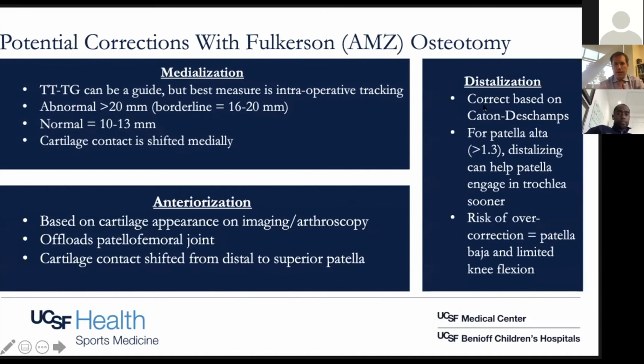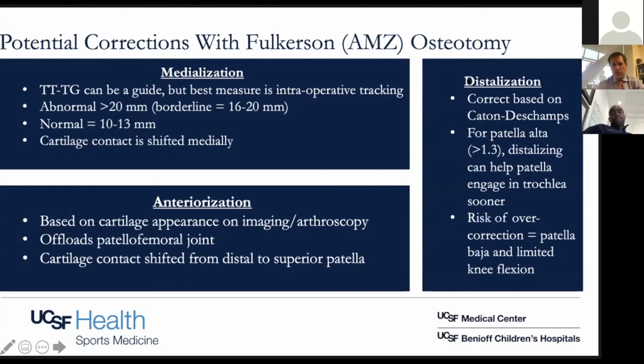And then with the same osteotomy, you can also distalize. I'll correct this based on their Caton-Deschamps. For patella alta, so greater than 1.2, 1.3, bringing the tubercle down can help the patella engage sooner. And then you do risk patella baja and limited knee flexion with overcorrection.